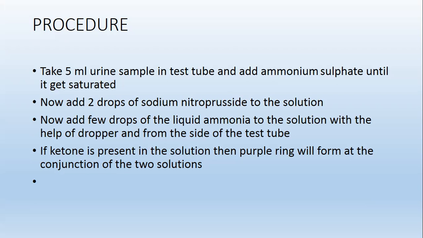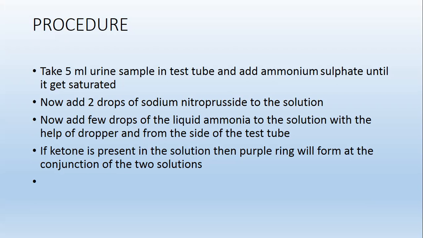Now add few drops of liquid ammonia to the solution with the help of a dropper, and from the side of the test tube. If ketones are present in the solution, then a purple ring will form at the conjunction of the two solutions.